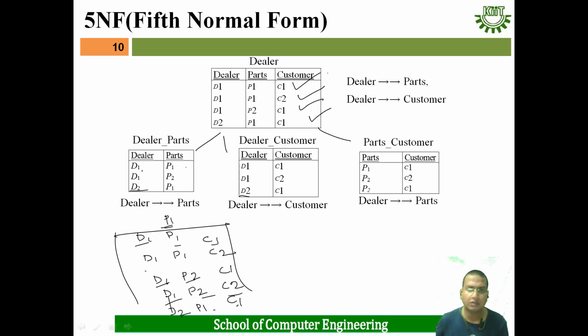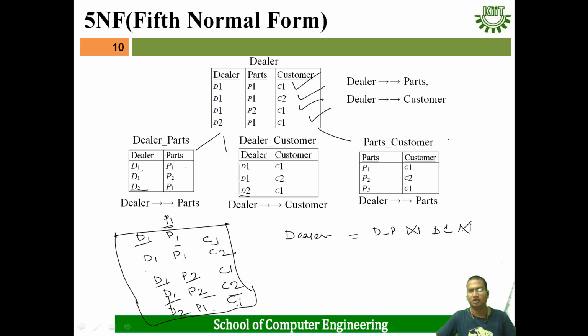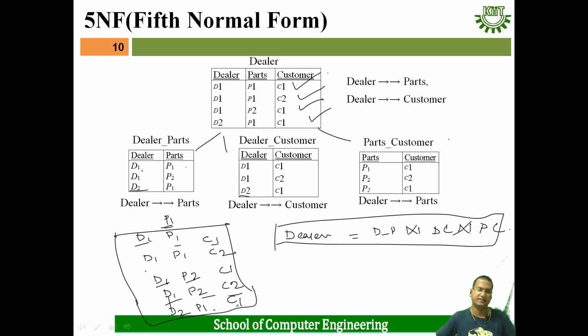That means all the rows of the original relation will come when we do the natural join of this table with the parts-customer table. That means we can say the join dependency is satisfied for this table. That means the dealer table is equal to the dealer-parts table natural join dealer-customer natural join parts-customer.